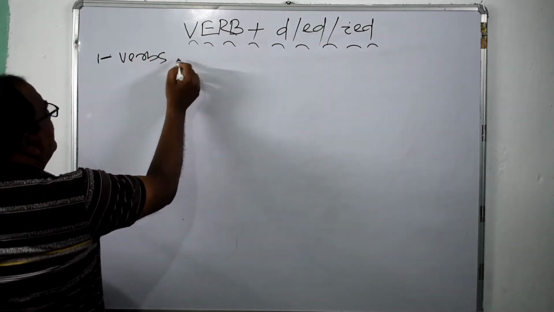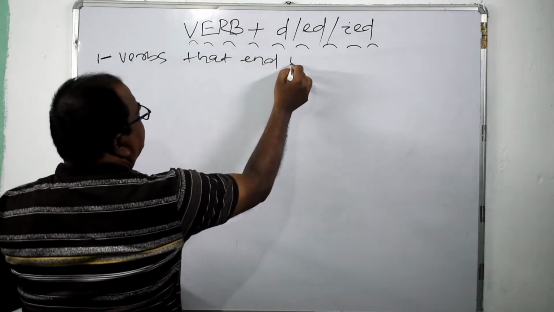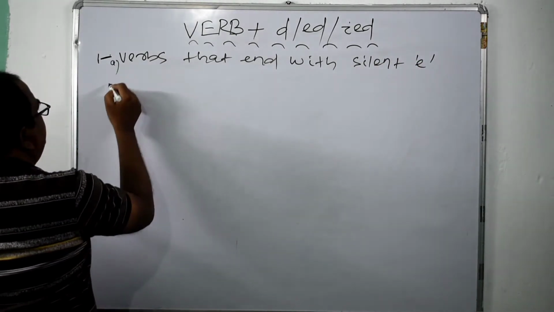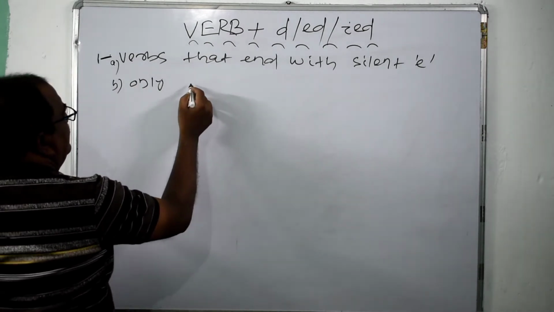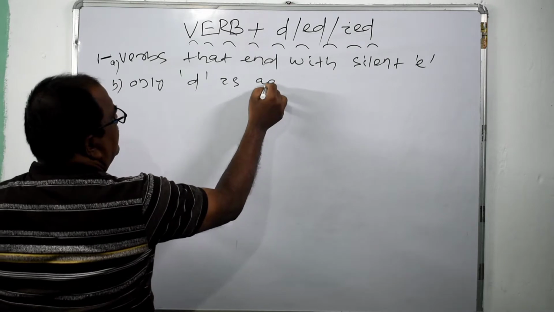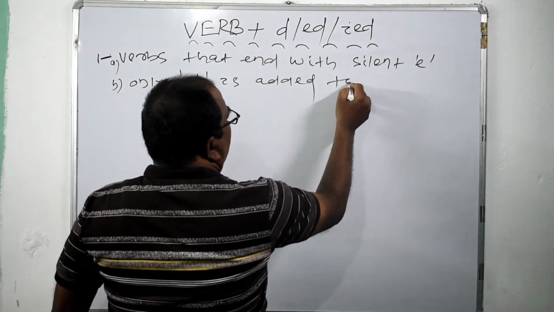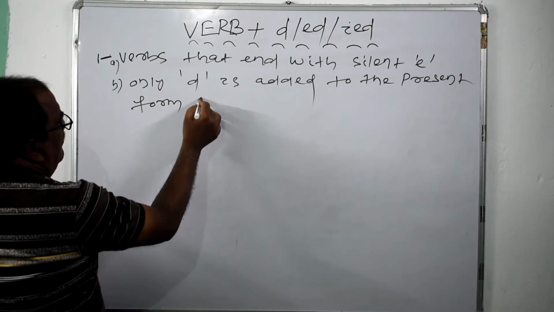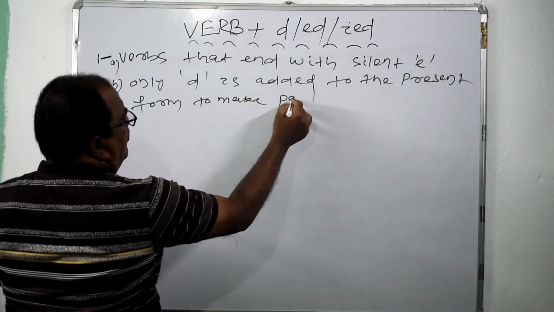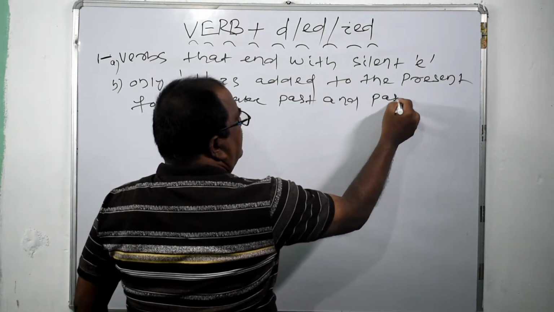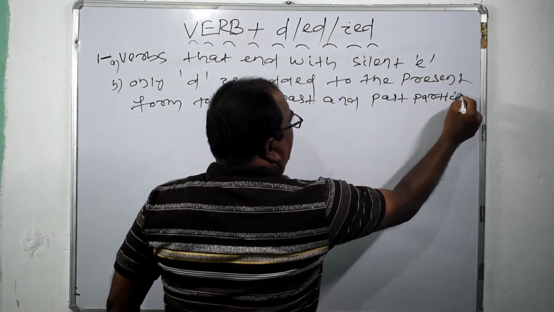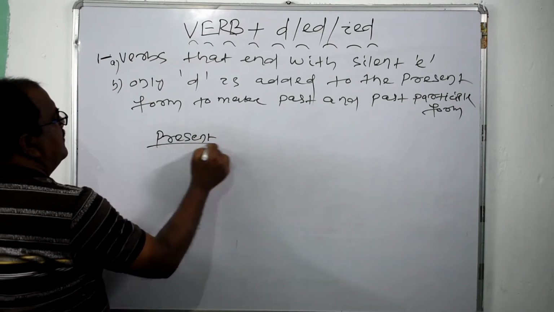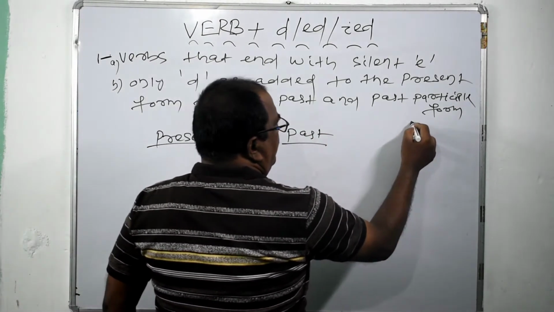Verbs that end with silent e: only d is added to the present form to make the past and past participle forms. Present, past, past participle.